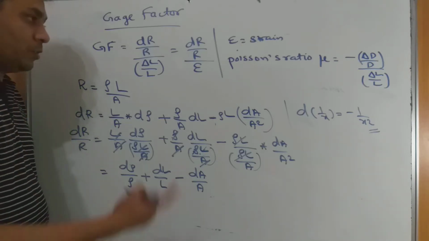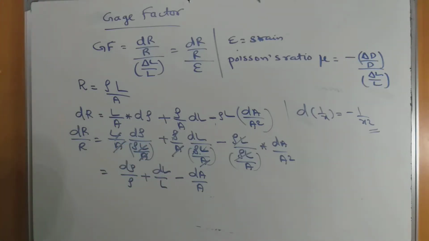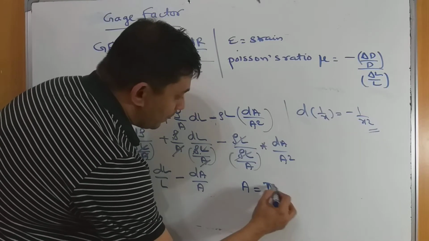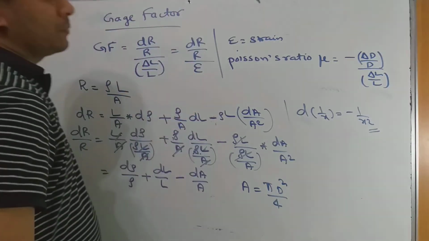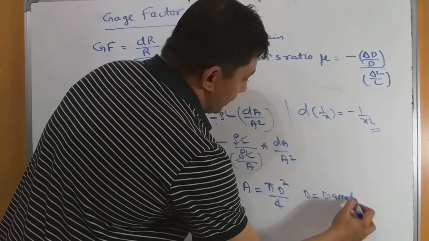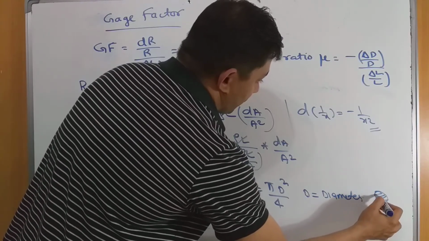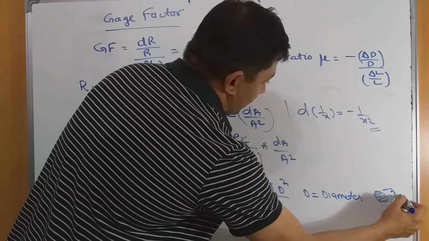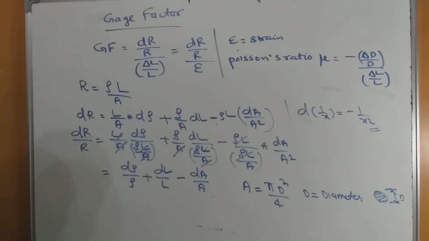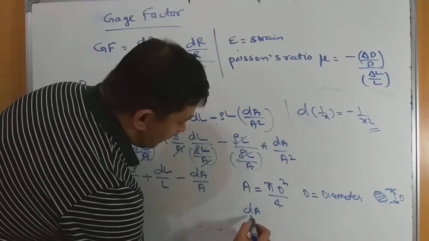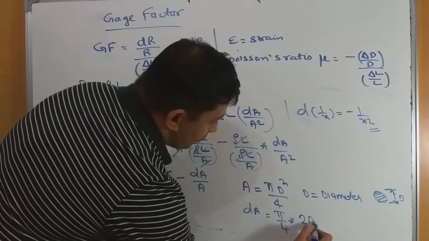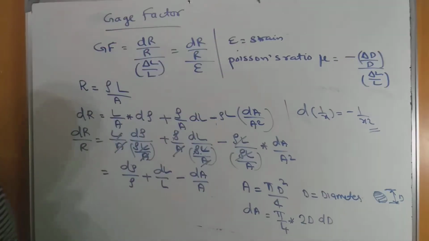As you know, A is the area of the cross section of the wire, so A is equal to pi d square by 4, where D is the diameter. Assume this is the cross section of the wire having a diameter of D. If you differentiate this equation, we get dA equal to pi by 4 into 2D into dD.